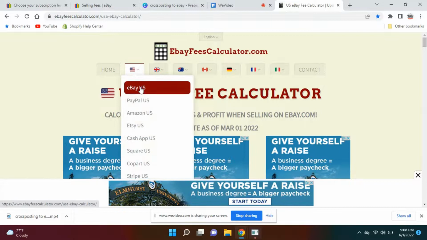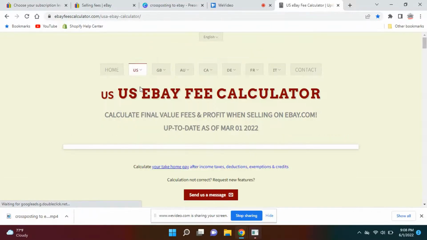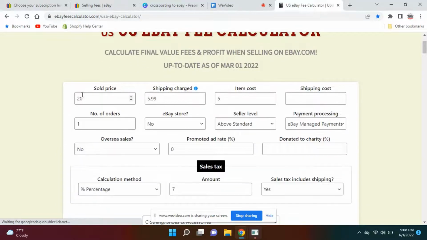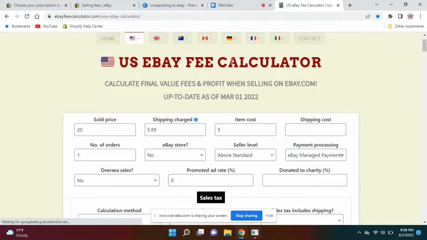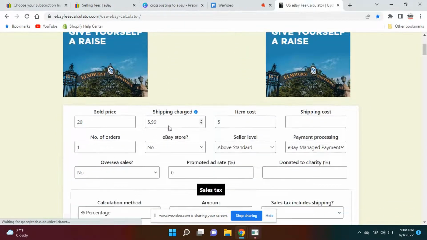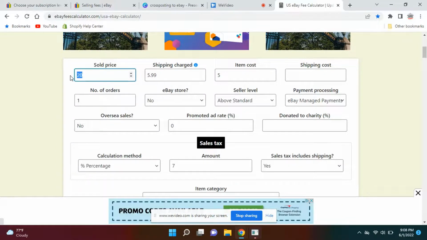Okay, so these calculators, there's so many of them. You can just go and pick one, or you can follow the link that's going to be in the description to this one. They are all free. So this is a calculator that calculates eBay fees. It goes a little bit farther on this one, and you can actually put in your cost of goods and all the information, and it tells you what your profit is.